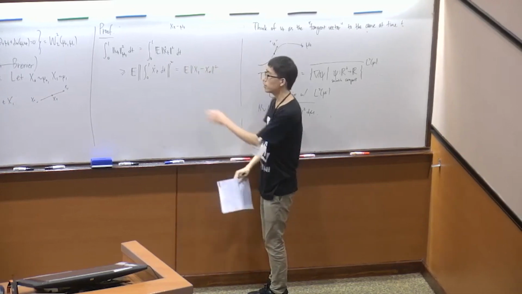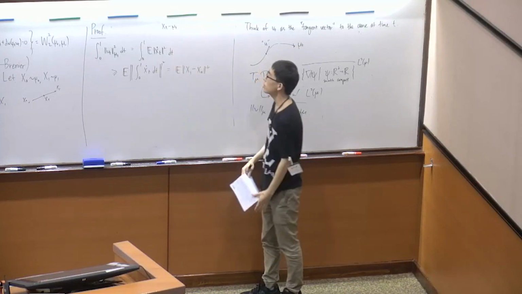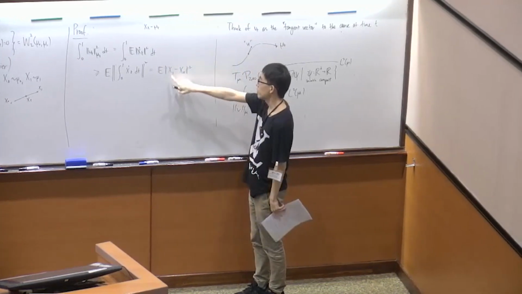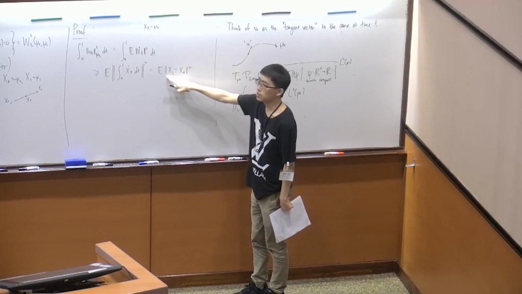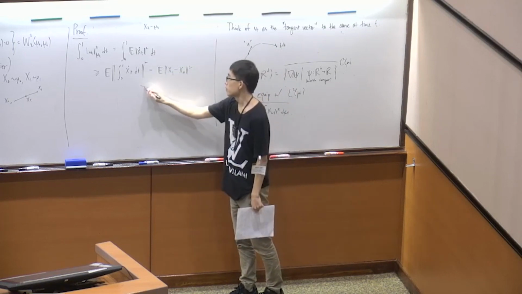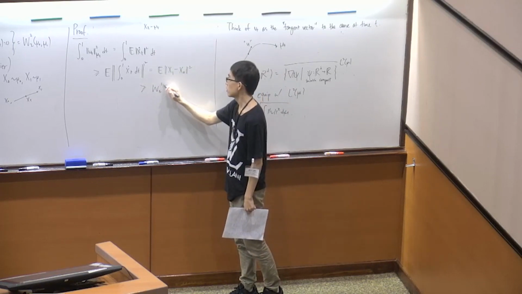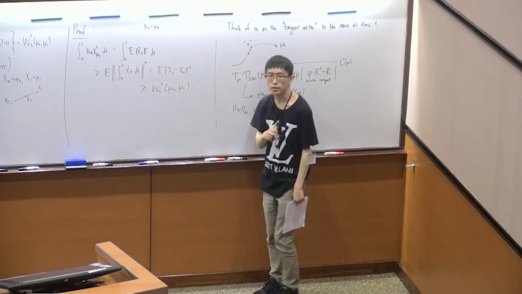And then finally, because xt is from mu t for all times t, x1 is drawn from mu1, x0 is drawn from mu0. So this is some coupling of mu1 and mu0, but it may not be optimal. So it's always lower bounded by the Wasserstein distance between these two measures.